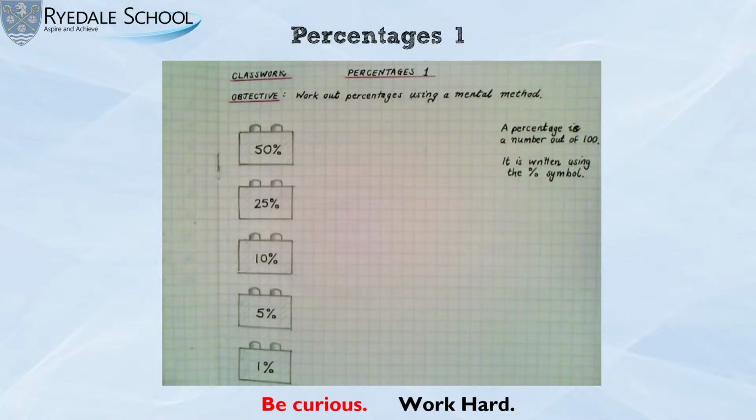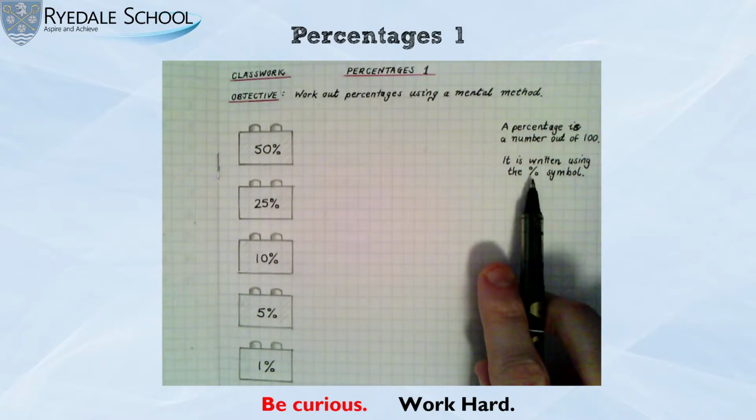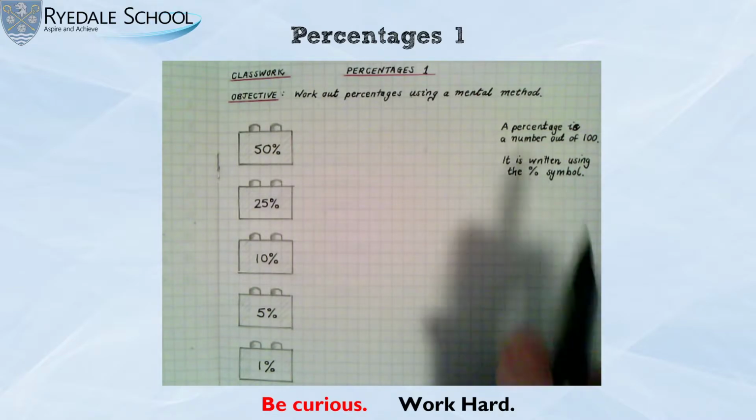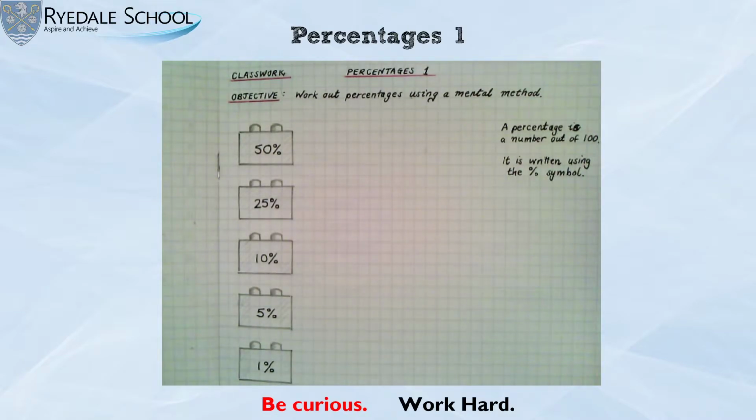So I've already said at the side, a percentage is a number out of 100, and it is often written using this symbol here, and that is the percentage symbol. Now, I tend to think of working out percentages using a mental method as kind of a building block approach.